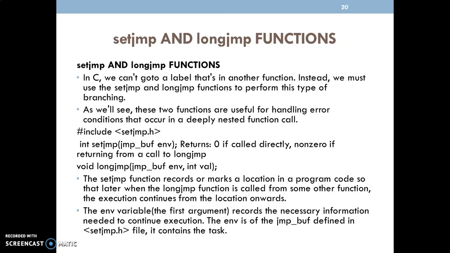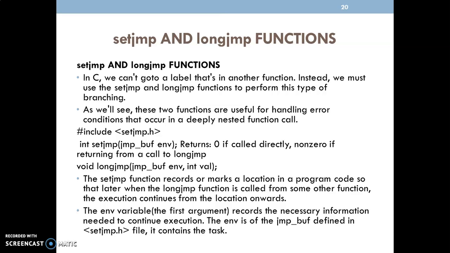Here longjmp has two arguments, one is env and the other is val. The env records the necessary information needed to continue execution. It is of the jump buffer type defined in setjmp. And val is nothing but the integer value that we return to the setjmp function when it is called directly by longjmp.